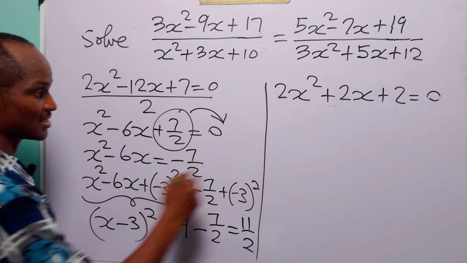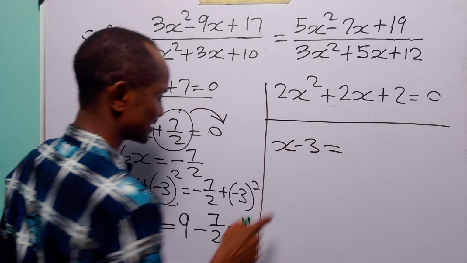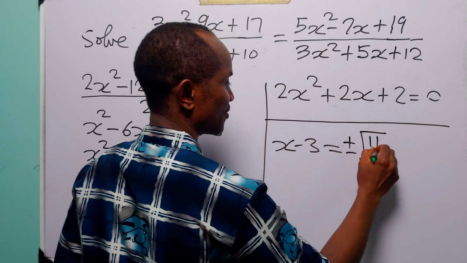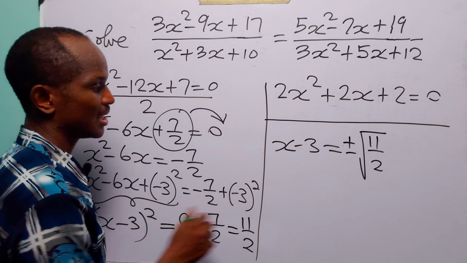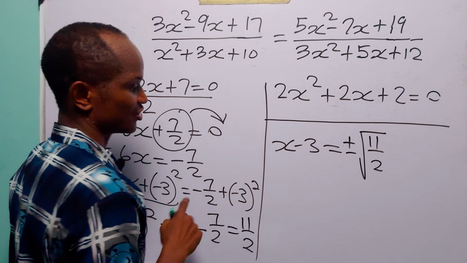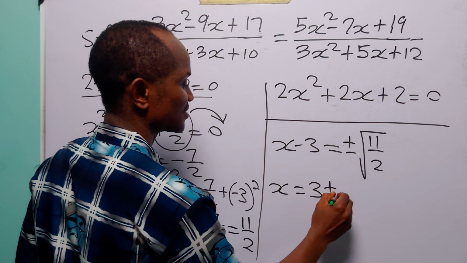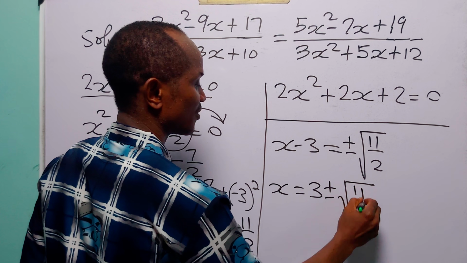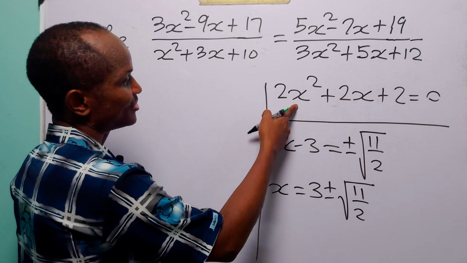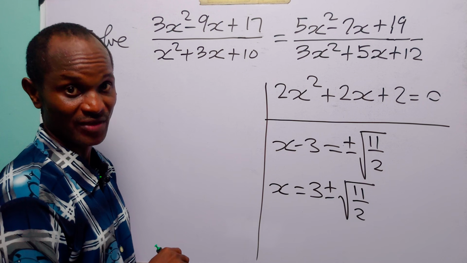When we do that, we have that x minus 3 is equal to plus or minus the square root of 11 over 2. Now let us add 3 to both sides of this equation. When we do that, we have that x is equal to 3 plus or minus the square root of 11 over 2.